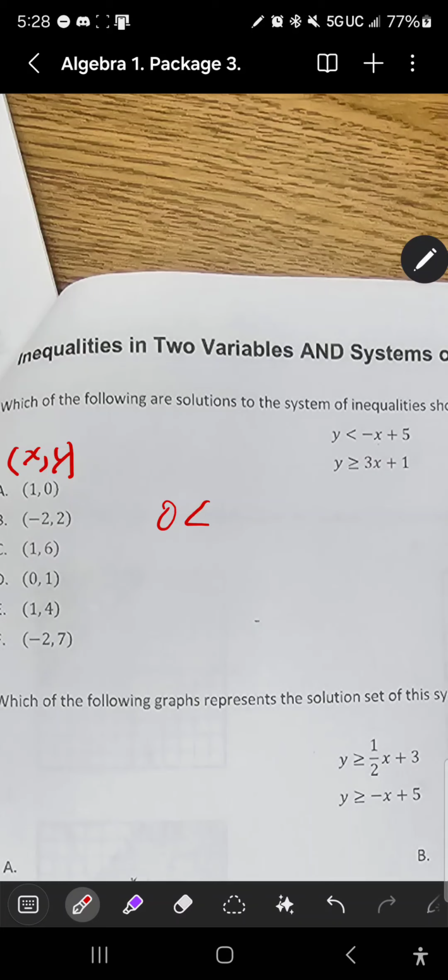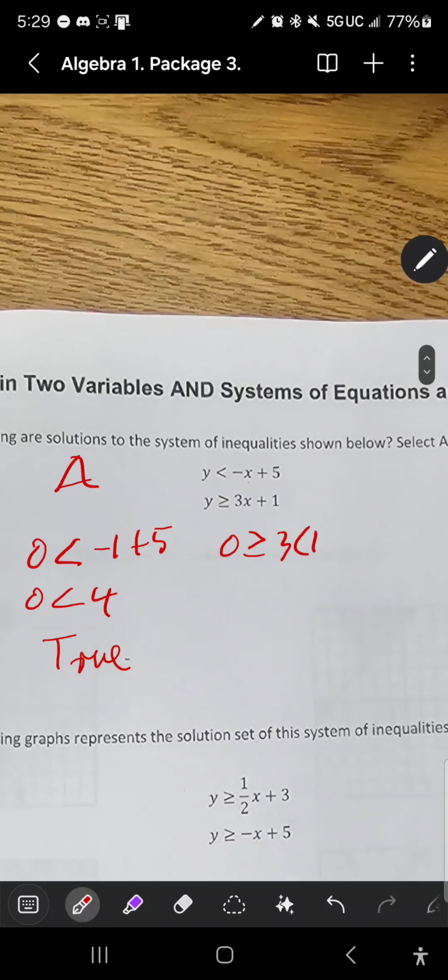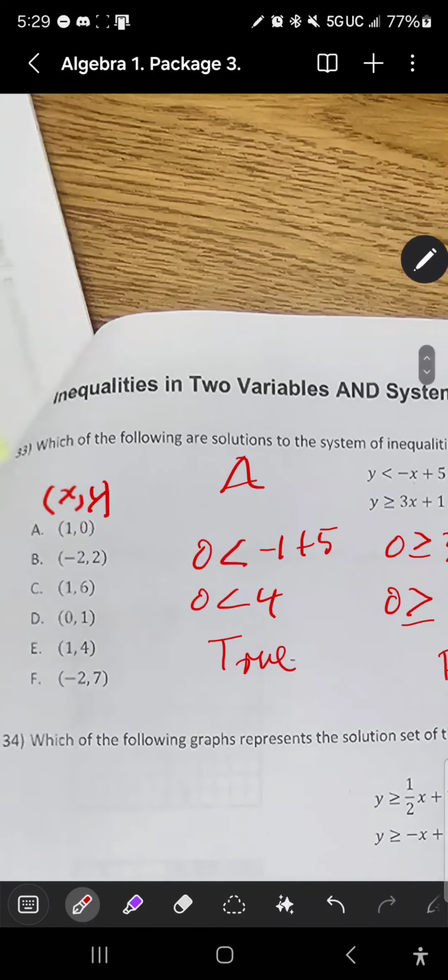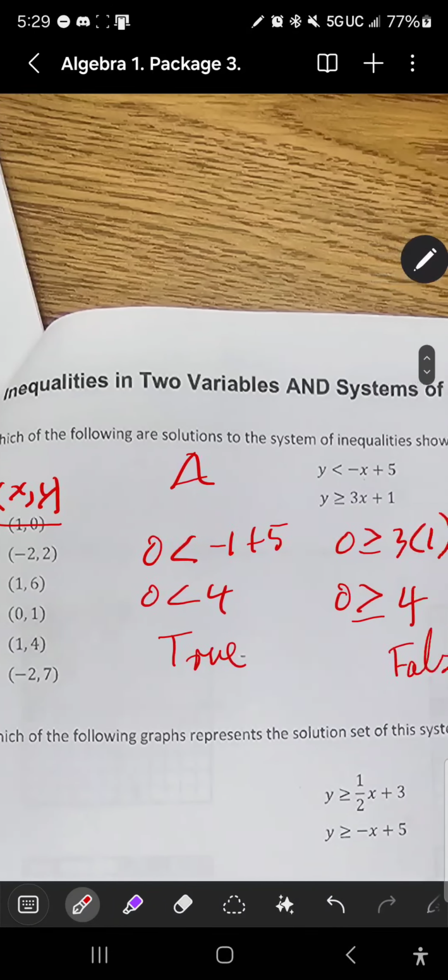So I would say 0 less than negative 1 plus 5. 0 less than 4. That's true. Now the other one would be 0 greater than or equal to 3 times 1 plus 1. 0 greater than or equal to 4, which is false. So this is not our answer.